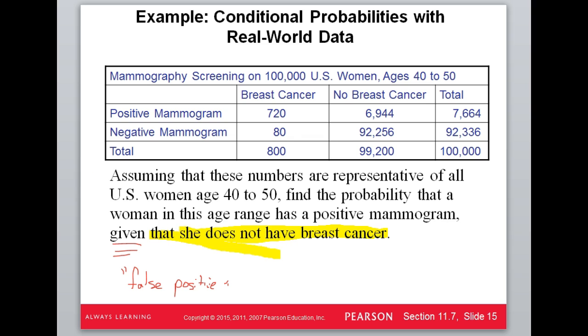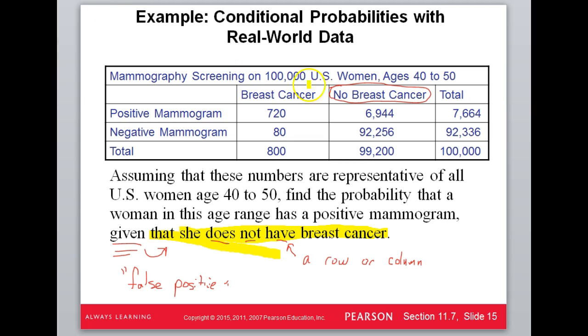So we'll always look after the word given, and that'll either be a row or a column, just depending on what information is given and how the table is written. So we're going to look for the column or the row does not have breast cancer. Right, that would be this column. So this is where we're looking.